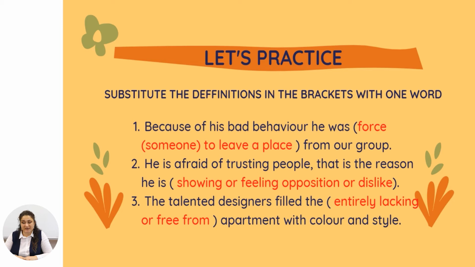Because of his bad behavior, he was forced somebody to leave a place from our group. Number 2. He is afraid of trusting people. That is the reason he is showing or feeling opposition or dislike. 3. The talented designers filled the entirely lacking or free from apartment with color and style.